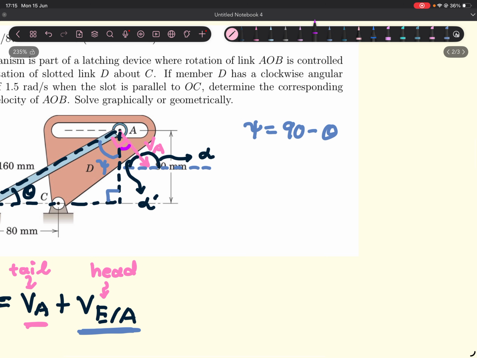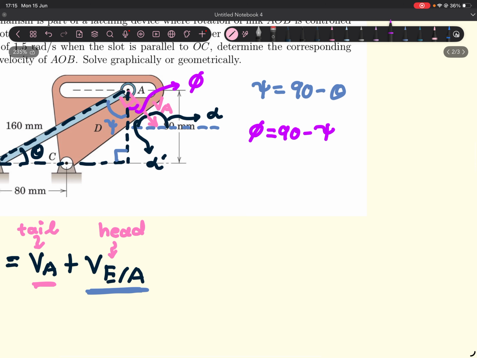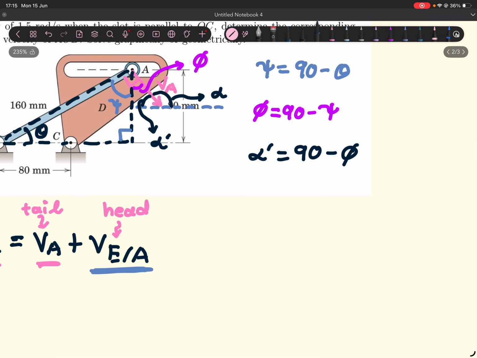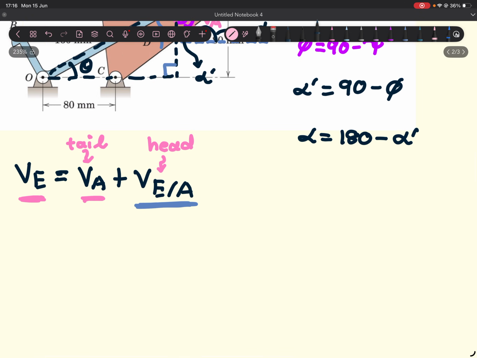And then I'm going to call this angle here phi. And I know that phi is equal to 90 minus psi. Cool. And then to solve for alpha prime is equal to, again, 90 minus phi, and then alpha is equal to 180 minus alpha prime.